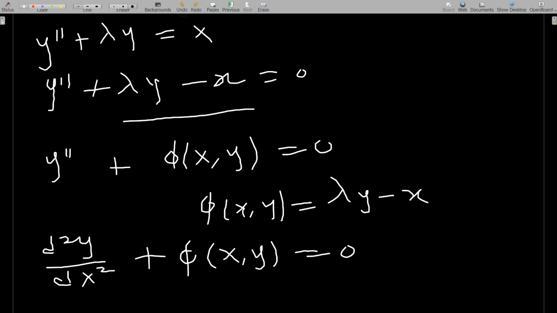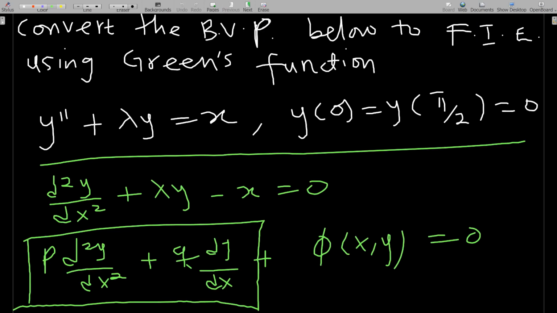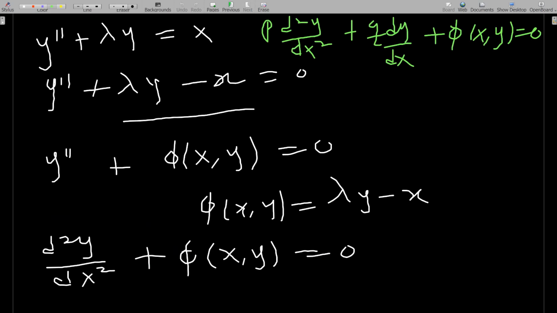Let me write the general form here: p d squared y dx squared plus q dy dx plus phi of x, y. I hope you remember what I just wrote. If you compare this to that, then our p in this question is actually equal to 1.